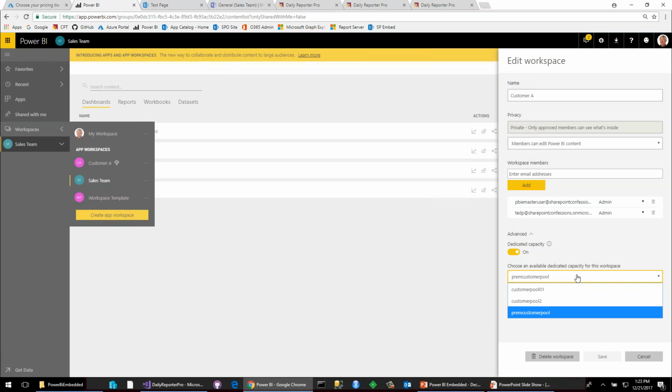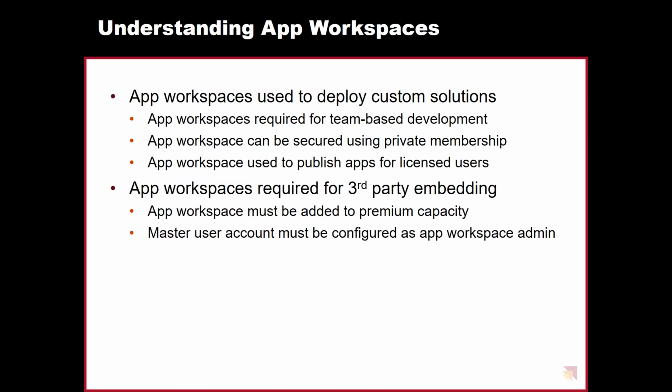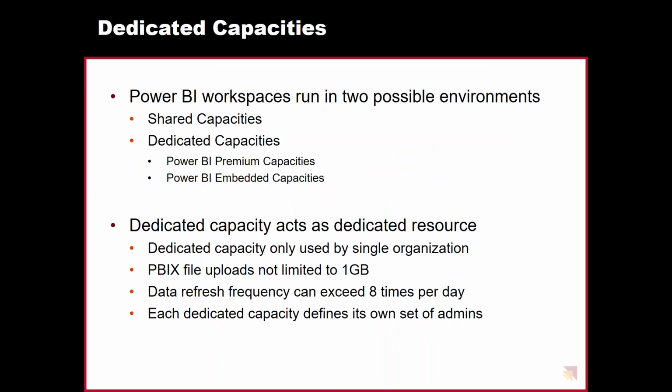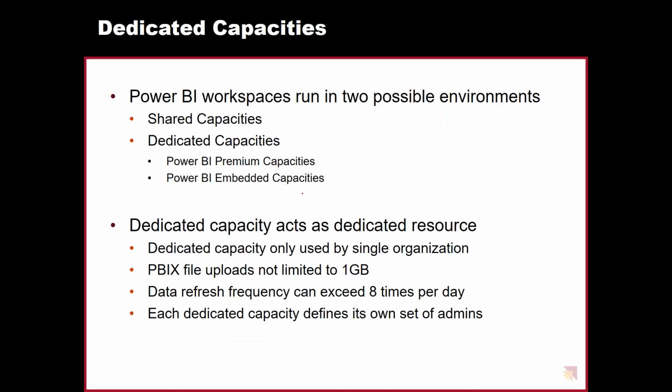I can move it between one or the other, but the important part here, let me go to this next slide, is that in order to do Power BI embedding, you have to put your app workspace into a dedicated capacity. If you have a workspace that's not in a dedicated capacity, it's said to be in the shared capacity. Then all the rules apply, such as the only users that can touch it are Power BI Pro users because it's an app workspace.